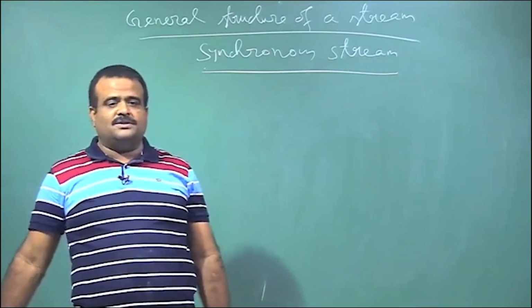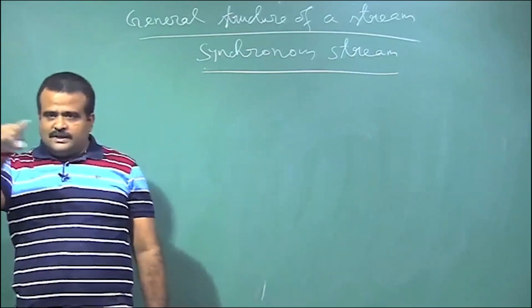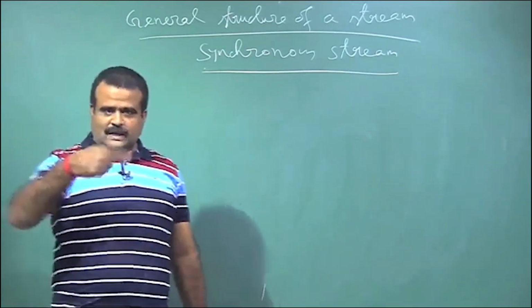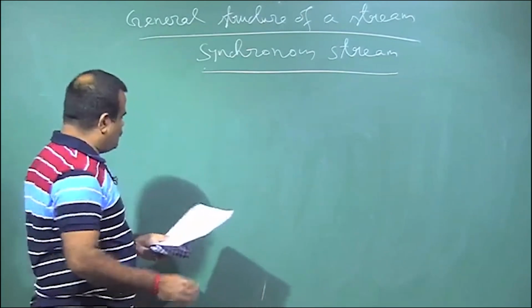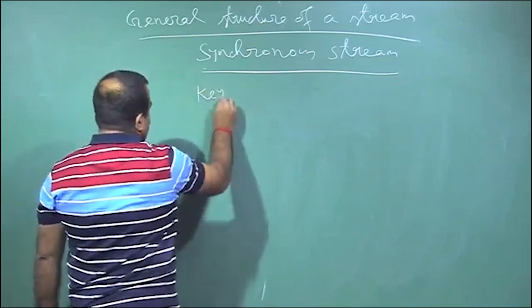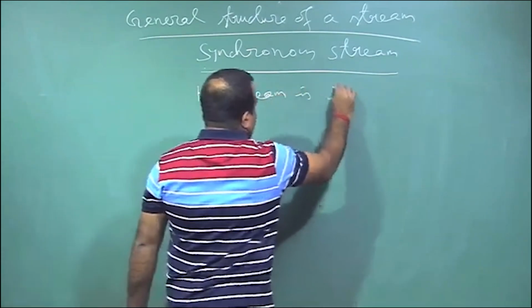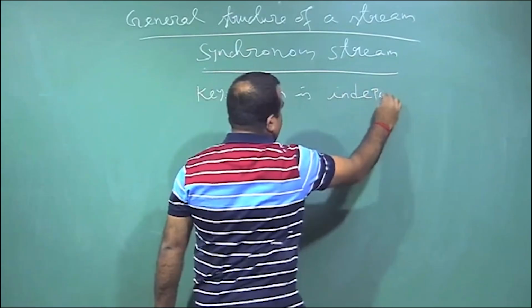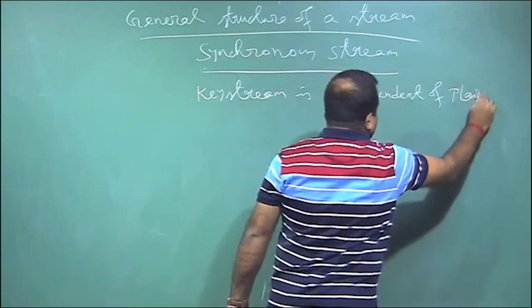Another type of StreamCipher is the asynchronous StreamCipher, where we give another input, a plain text or ciphertext bit. For synchronous, the key stream is independent of the plain text and the ciphertext.